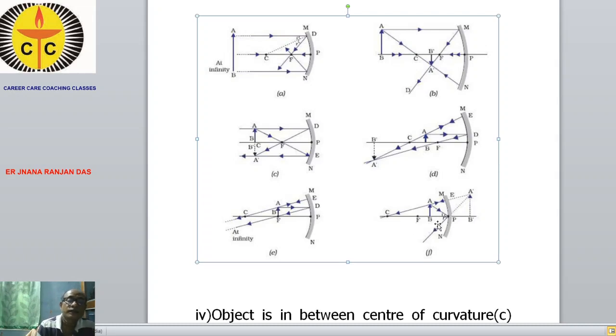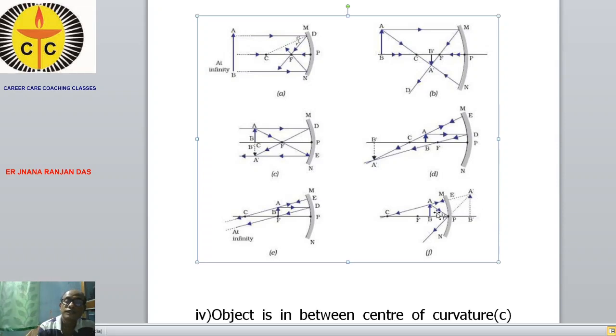In the case of a concave mirror, if the object is placed between the focus and the pole, here you see an incident ray falling and going through the center of curvature. Another incident ray falls at the pole and follows this path. But if we see the direction of the reflected rays, they are diverging from each other. If we extend them or imaginarily draw the lines behind the concave mirror, they cut at a point.